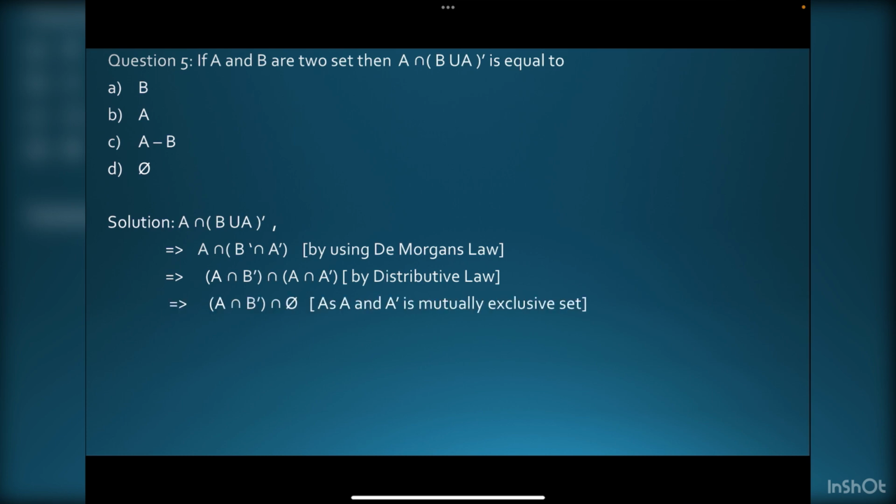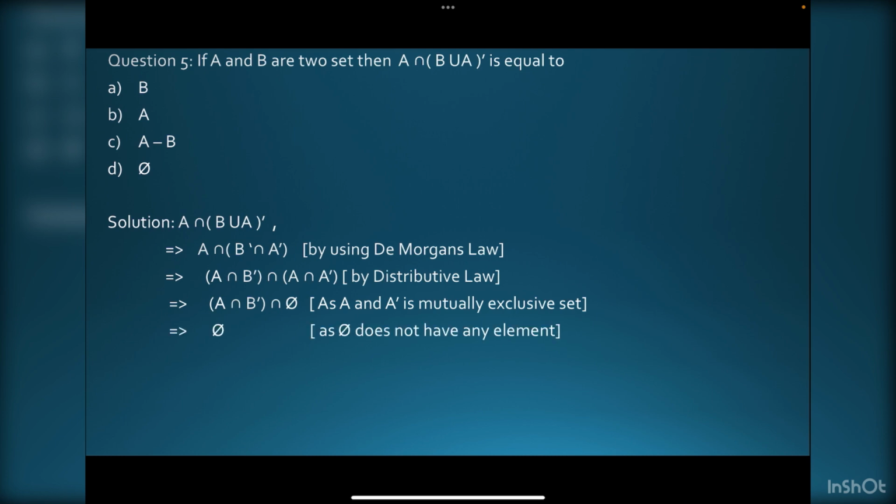Now the second part, A intersection A complement: A and A complement are mutually exclusive sets, because A complement is the set that contains all the elements which don't belong to A. If A and A complement don't have any common element, that means A intersection A complement is equal to the null set. So the third line drills down to (A intersection B complement) intersection null set.